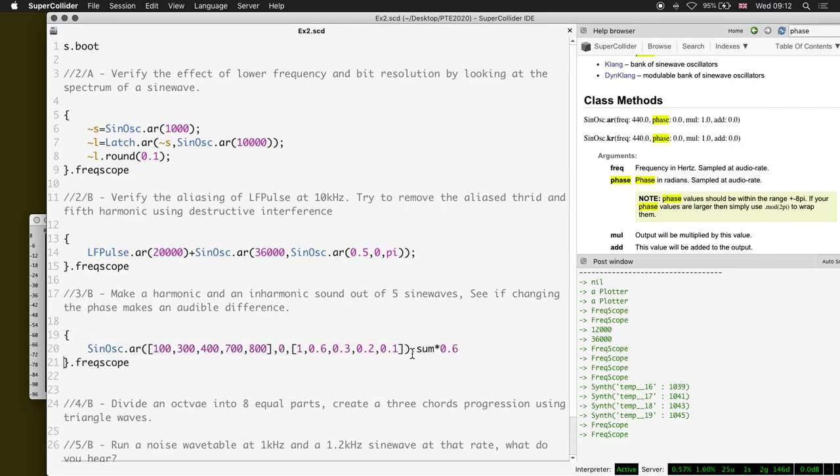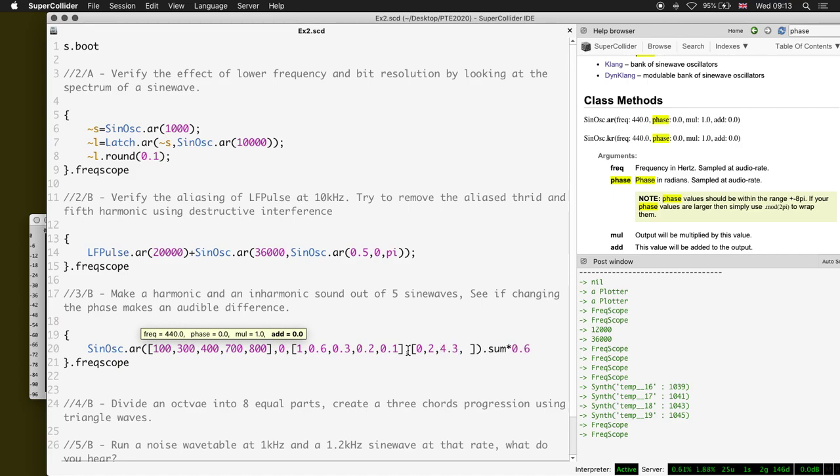So the question here is whether I can hear a difference if I have crooked phases. We've seen that the phases go in a circle up to 2 pi, so 0 to 6. Let's do some random numbers.